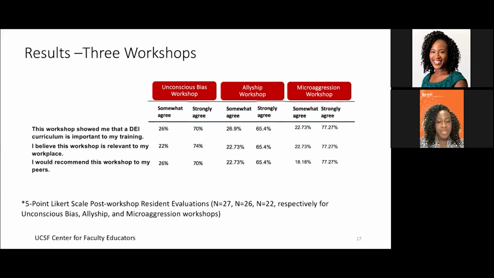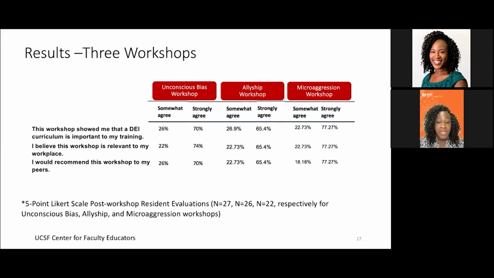For the unconscious bias workshop, you can see that over 95% agreed with all three of these statements. For the allyship workshop, you can see that over 90% agreed with all three of these statements.